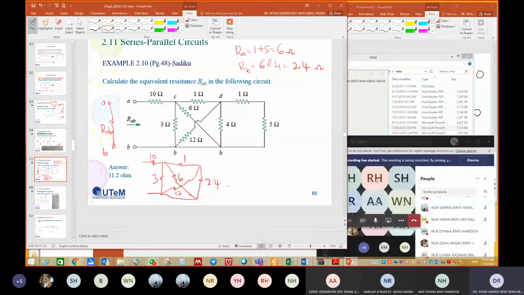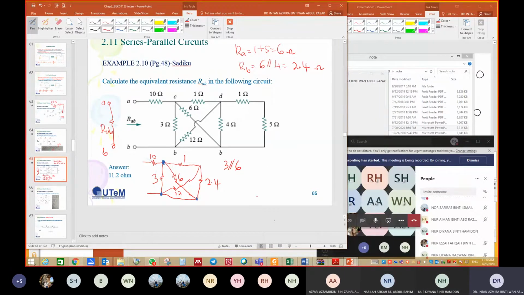Okay, now we know that 3 is parallel with 6, right? This 3 is parallel with 6, right? Yes. Why? Because 3 and 6 share the same node, connected at both ends. One is here and one is here. This point is equal to this point. So 3 is parallel with 6.